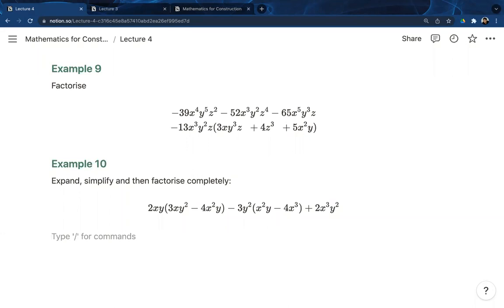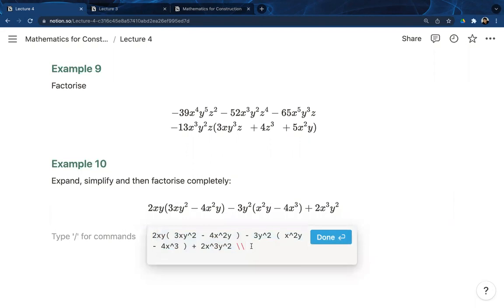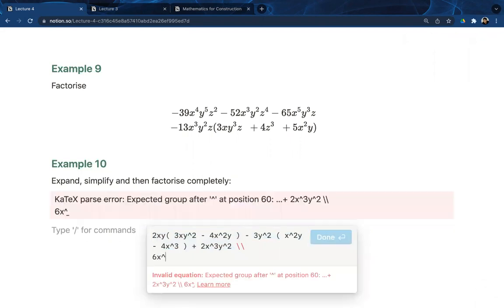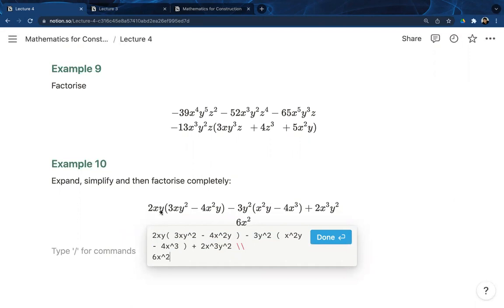One way of tackling this problem is to just take your time, right? 2 3s are 6. x by x, x squared. y by y squared, y cubed, okay? 2 by minus, that is minus 2 4s are 8. x by x squared is x cubed. y by y is y squared, right?